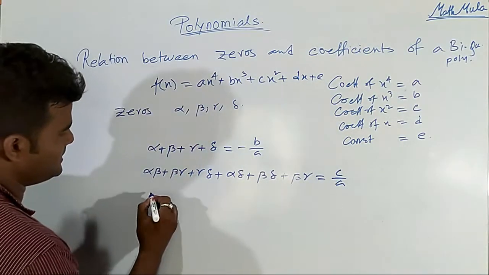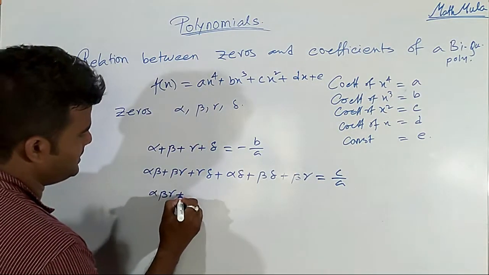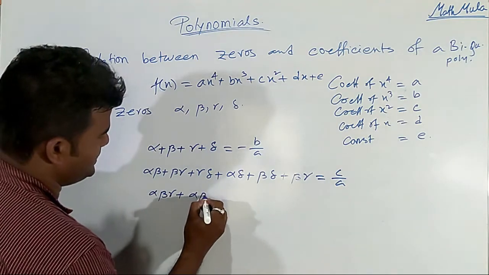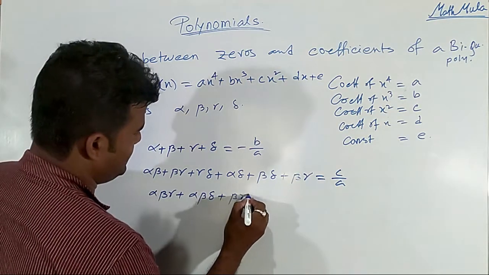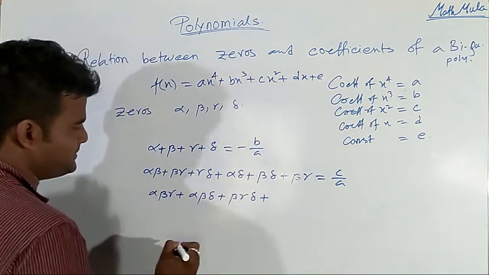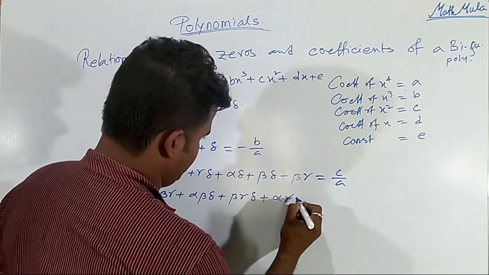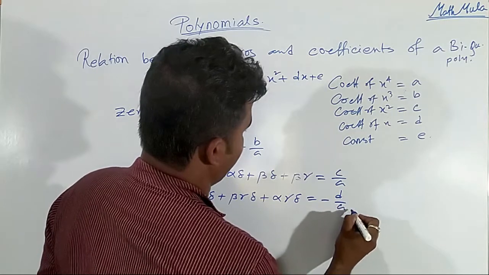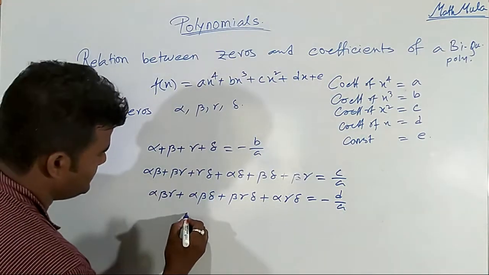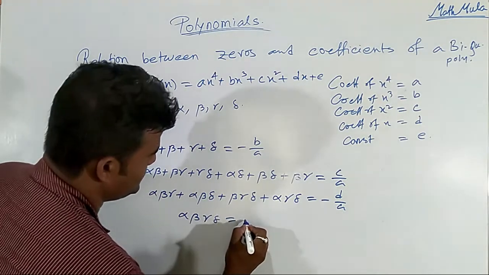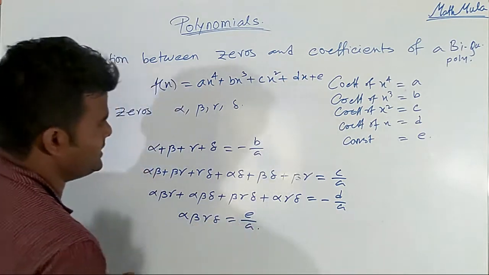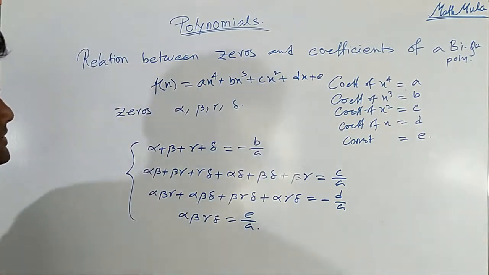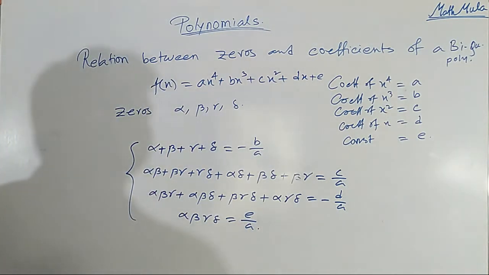The third relation is alpha beta gamma plus alpha beta delta plus beta gamma delta plus alpha gamma delta is equal to minus d by a. And the last relation, the product of the zeros, is equal to e by a. That's it. This is the fourth relation between the zeros and the coefficients for a biquadratic polynomial.